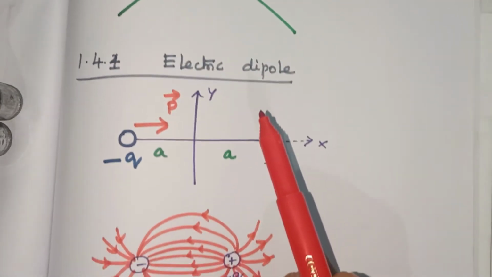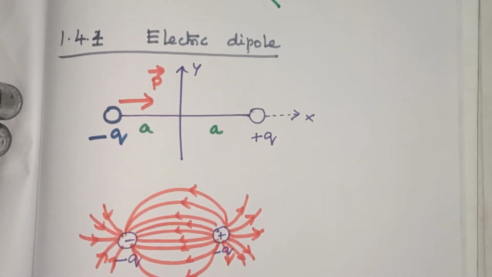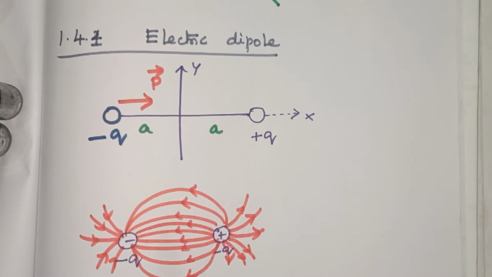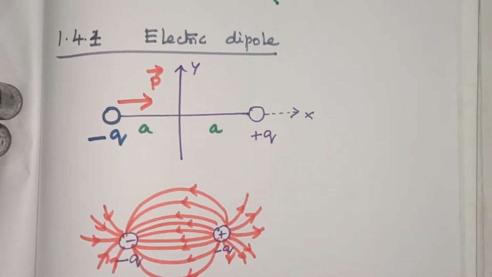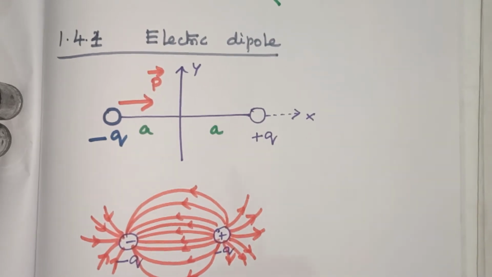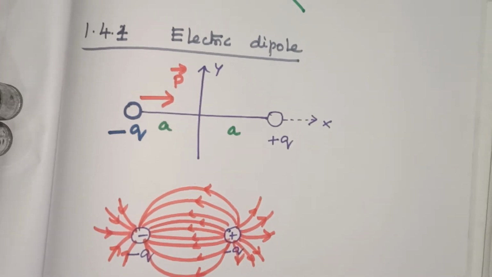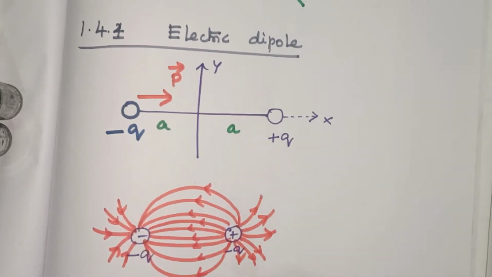Okay. So the next topic is electric dipole. After the formation of charge, various types of motion properties were investigated. After this investigation, scientists discovered two different types of materials.